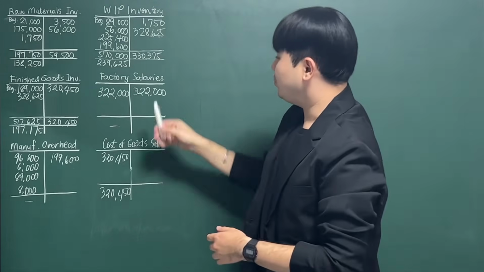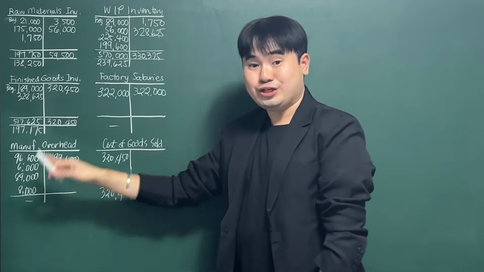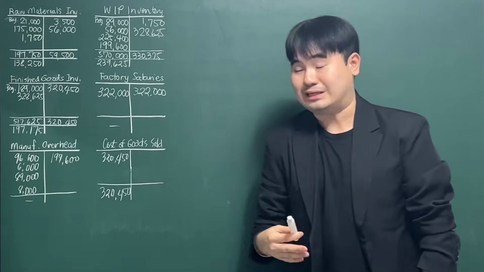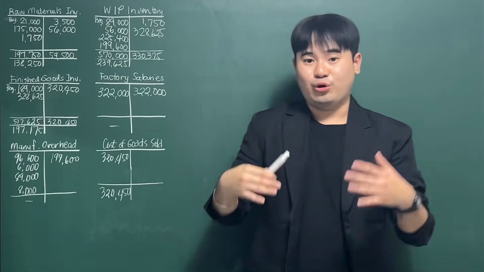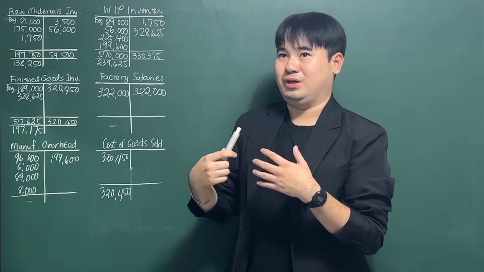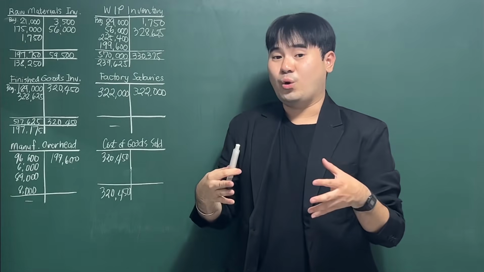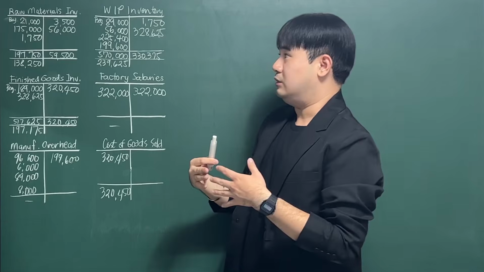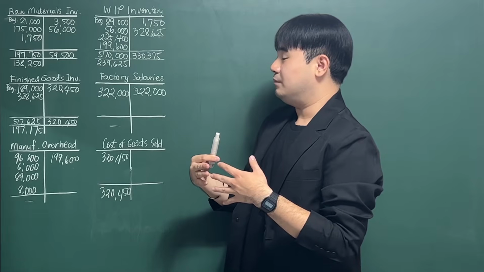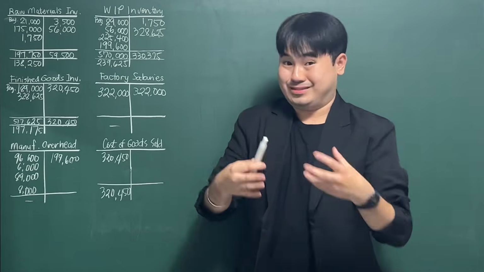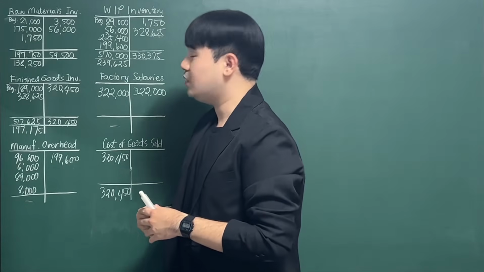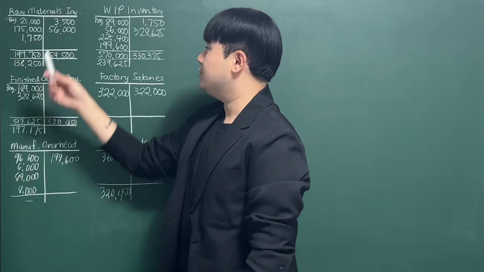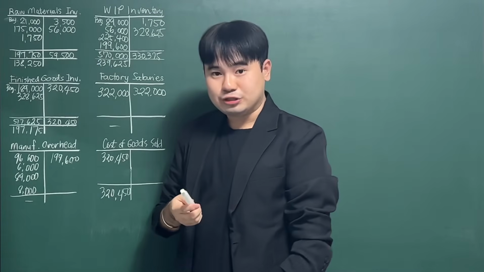Since it doesn't have any connection with all of our other T accounts, this 3,500 is a return of maybe malfunctioned materials, or maybe excess that you want to give back to your supplier. Okay, so that's credited to your raw materials inventory.